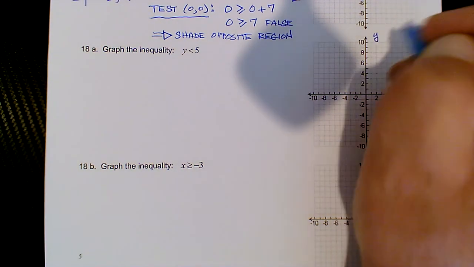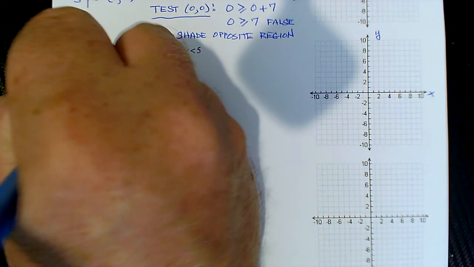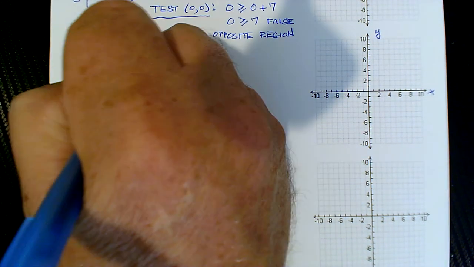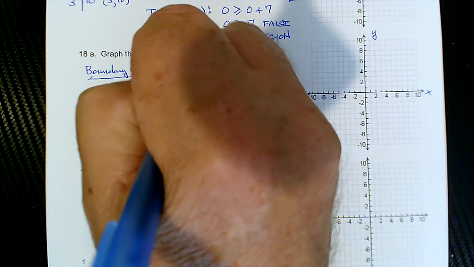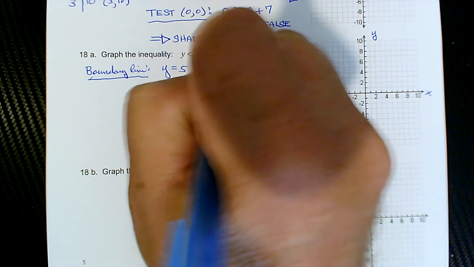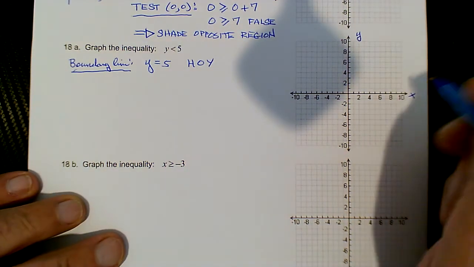Alright, so now the boundary line for this one is x equals -3. So if you're using the memory device, you know it's a vertical line.